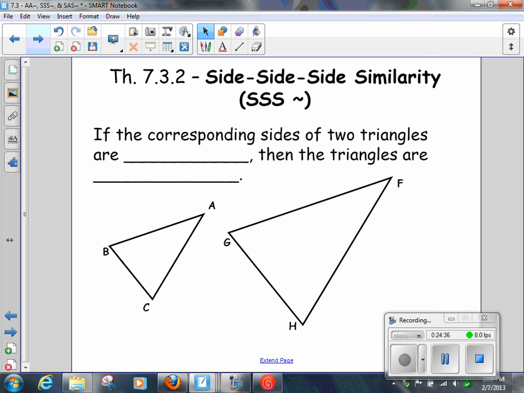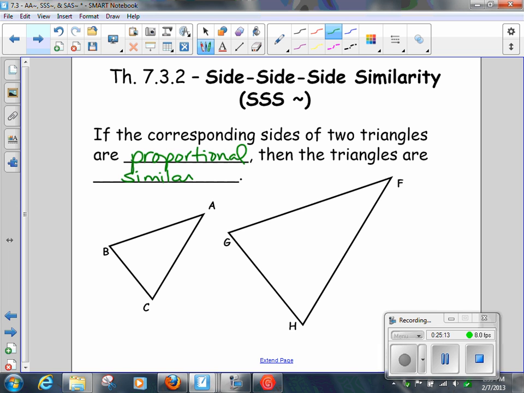So this theorem says if corresponding sides of 2 triangles are proportional, then the triangles are what? Similar, right? If the corresponding sides of two triangles are proportional, then the triangles are similar to one another.